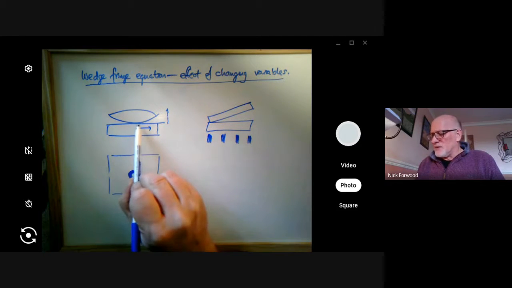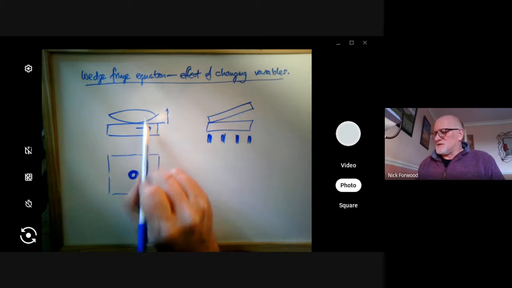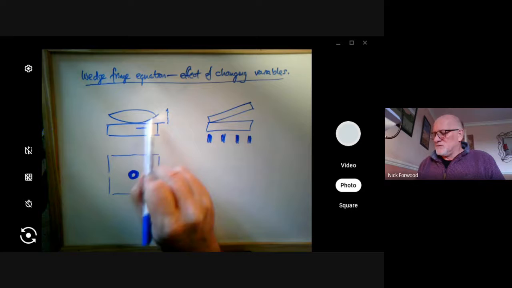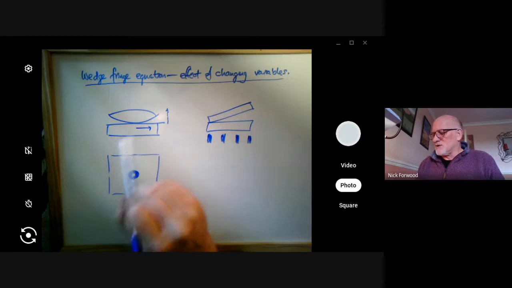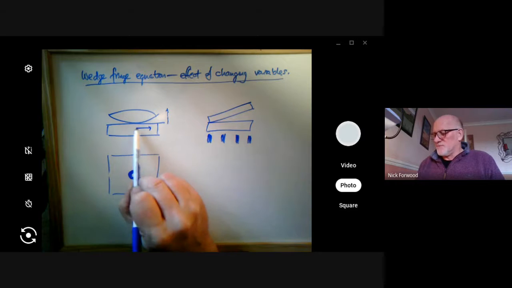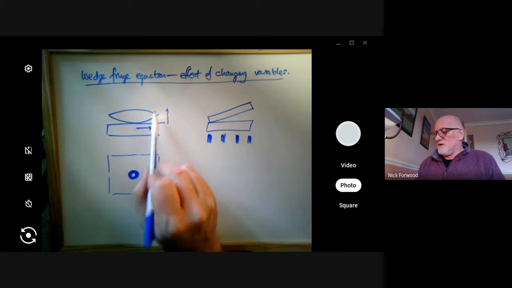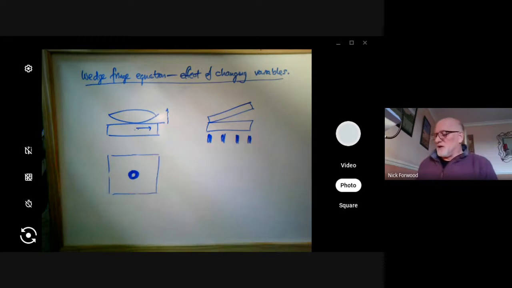You go along a little bit, you go up a little bit, you go along and double the distance that way, and you get a much bigger separation between the 2 bits of glass. So you double the distance there, and perhaps this goes up by 3 times as much. You go up by 3 times the distance here, and perhaps this distance here goes up by 6 times as much. It's not a nice linear, steady relationship.